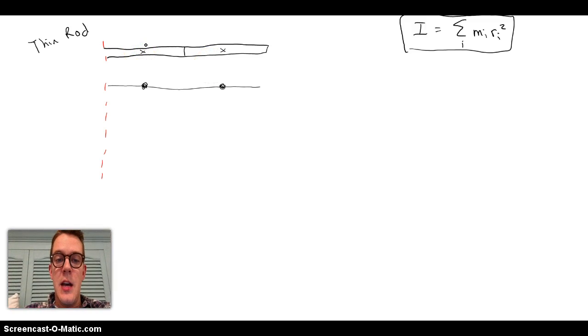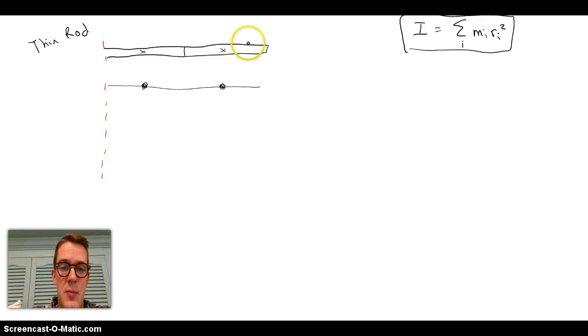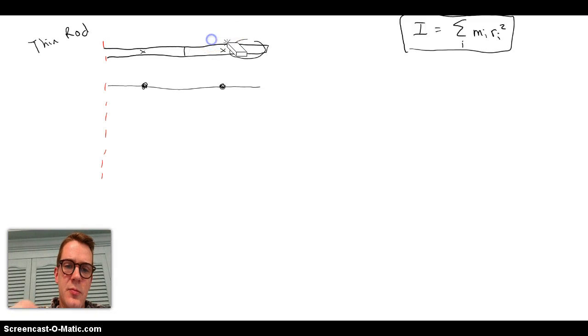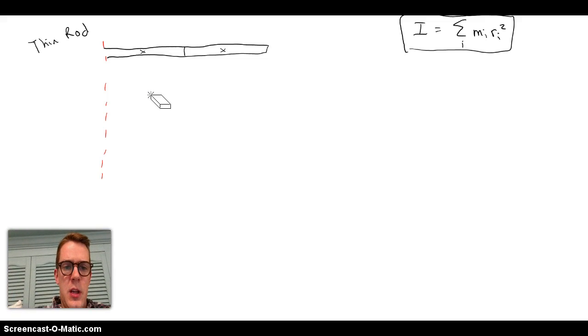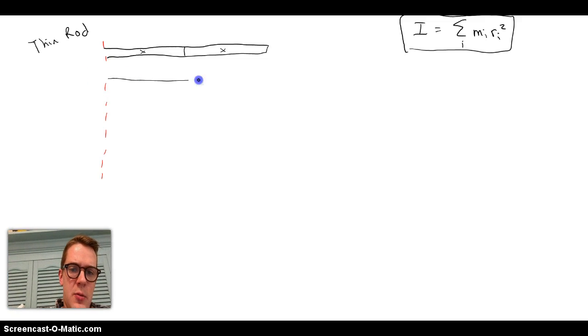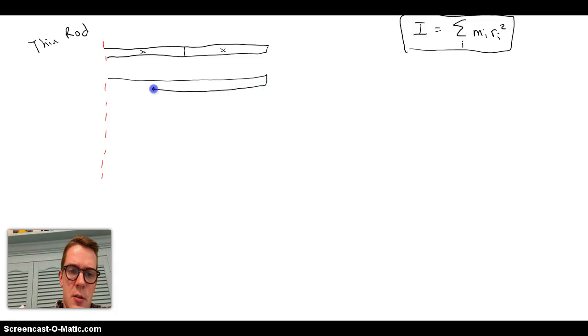However, we just saw that that causes a problem, because the mass on this side of the center of mass is contributing more to the moment of inertia than the mass on that side. So that kind of causes a problem there. One thing we could try to improve that would be to break it up even smaller.